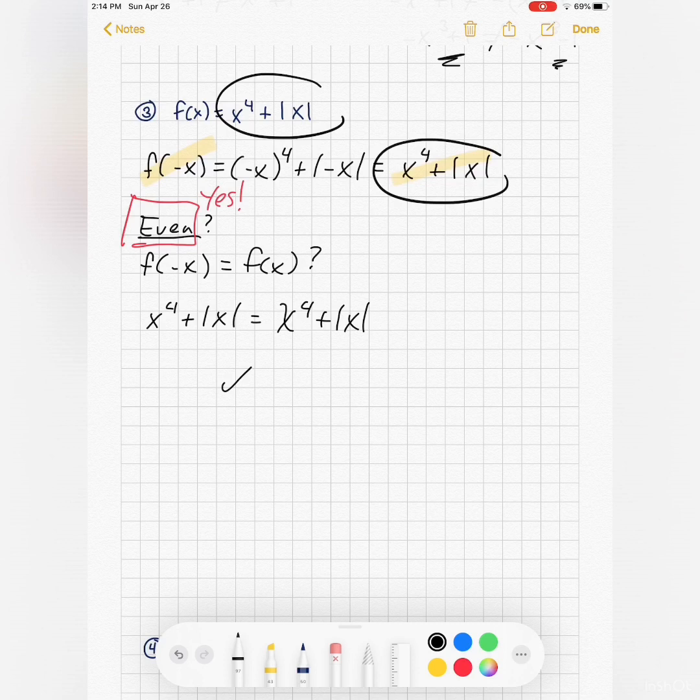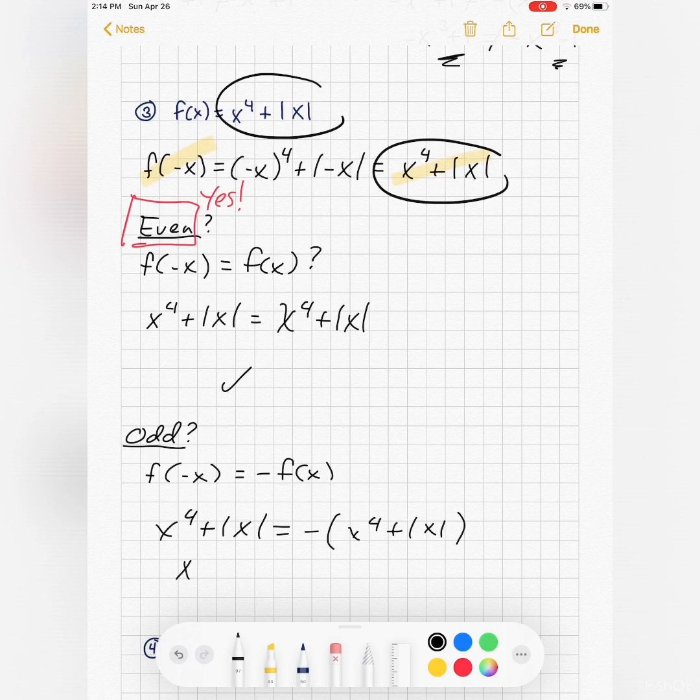Okay, if I was to try odd, then I'm asking, is f of negative x the opposite of f of x? Well, f of negative x was that. The negative of f of x would be this. So we'd be asking, are these two quantities the same? Okay, obviously not, right? No. Okay, so indeed, this guy is an even function.